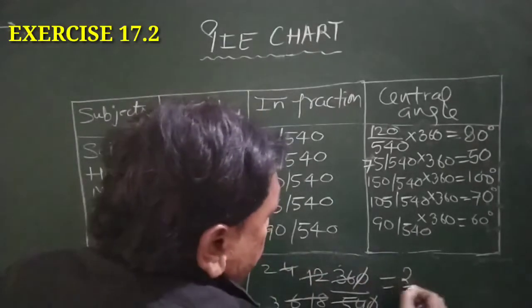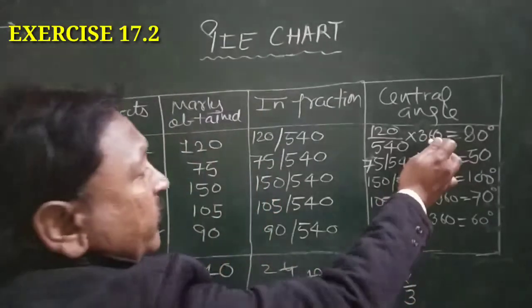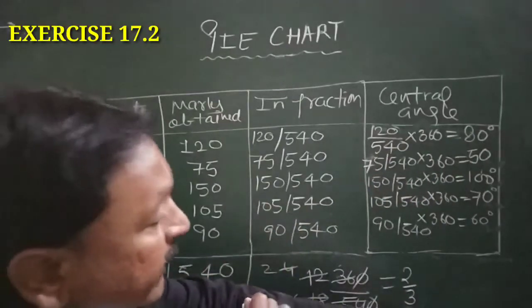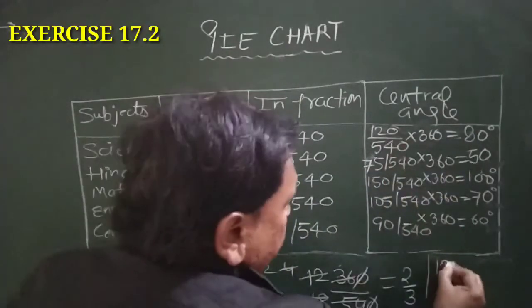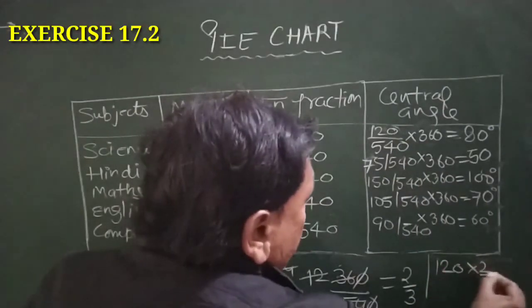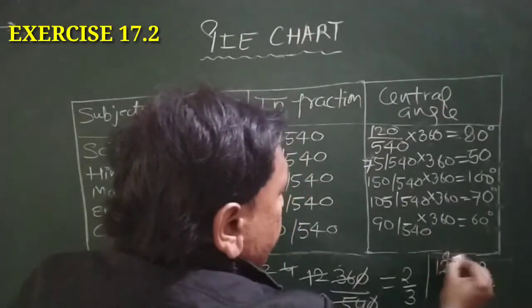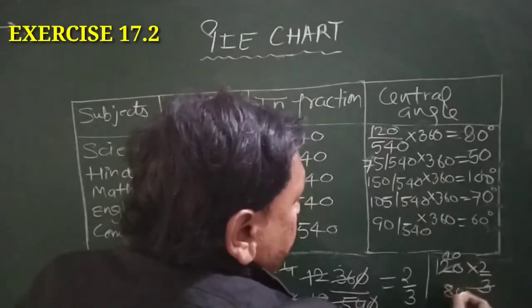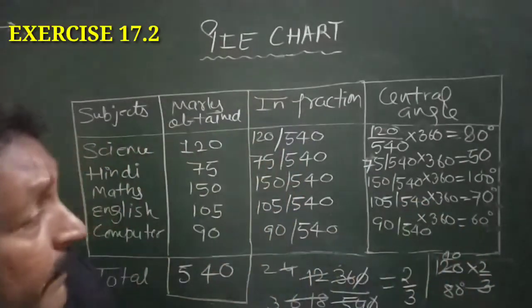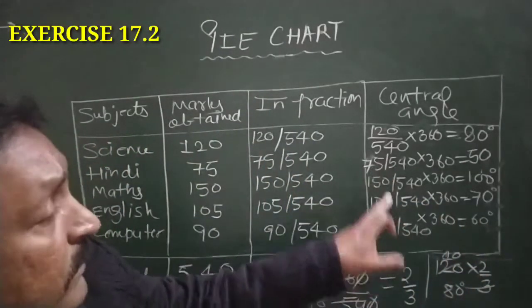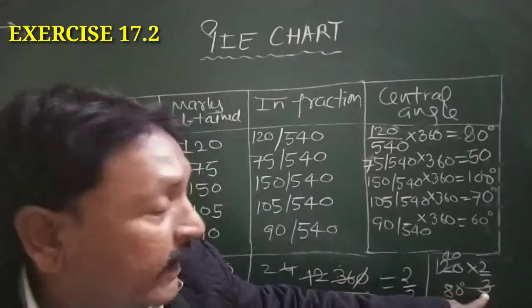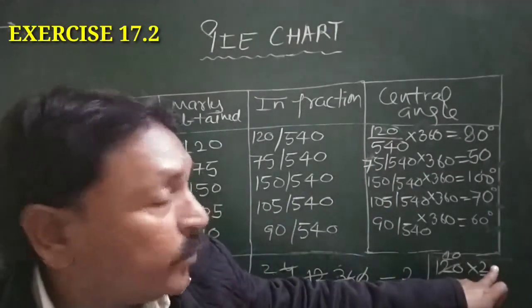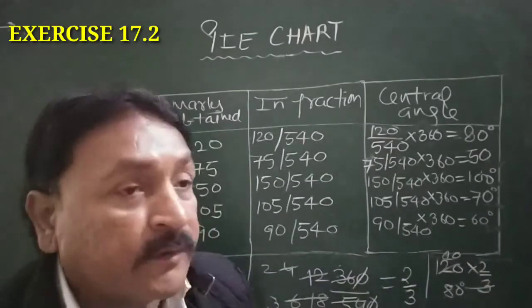Means the simplest form of 360 upon 540 is 2 upon 3. It means in the case of 120, what I did was 120 into 2 upon 3. 3 fours are 12, 40, and 40 twos are 80 degrees. Means for everything, 75 will be divided by 3, and whatever answer comes, multiply it by 2. This will make your calculations easier.